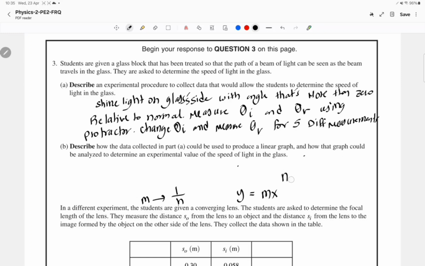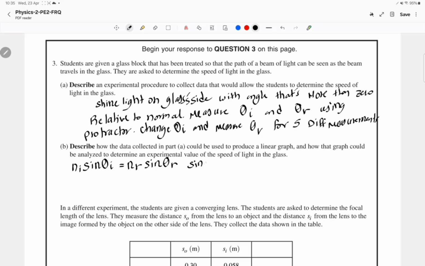Now, it says describe how data collected in part A can be used to produce a linear graph. Well, like we said, we are able to change theta I. So if we invoke Snell's law, n_i sine theta I is equal to n_r sine theta r. If you're able to change something, that puts it as the x-axis.